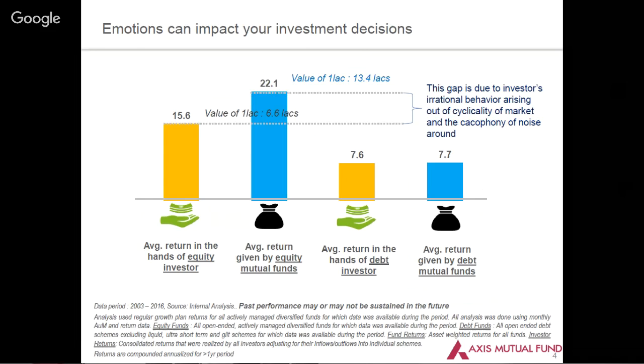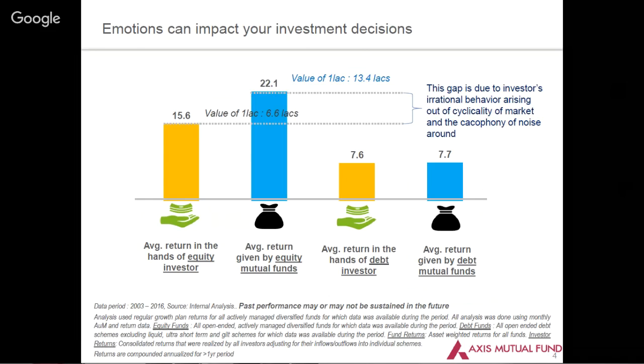On this chart, we have looked at the average return of equity mutual funds over a period of time, 2003 to 2016, about a 13-14 year period. What we see is that the average return over this long period is quite a good number: 22% across all equity mutual funds put together.